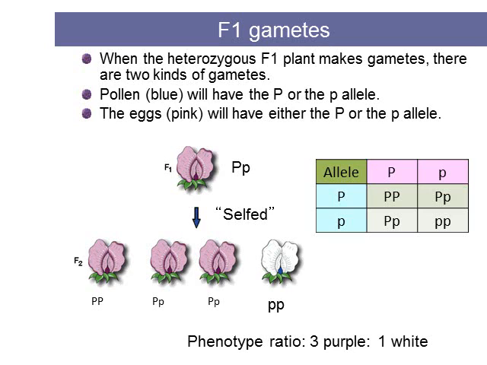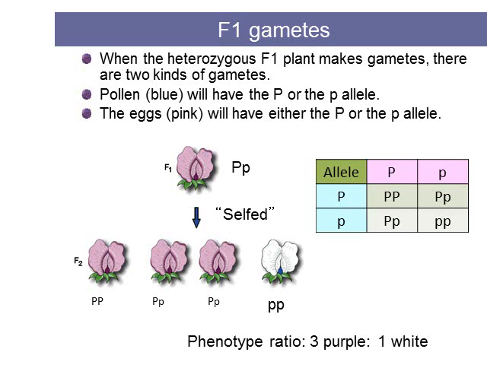It's not like for every 3 there was 1, but you get something like 33-to-11, or a 300-to-100 comparison. And what you see here is that there's one that's homozygous dominant, two that are heterozygous, and one that is homozygous recessive.